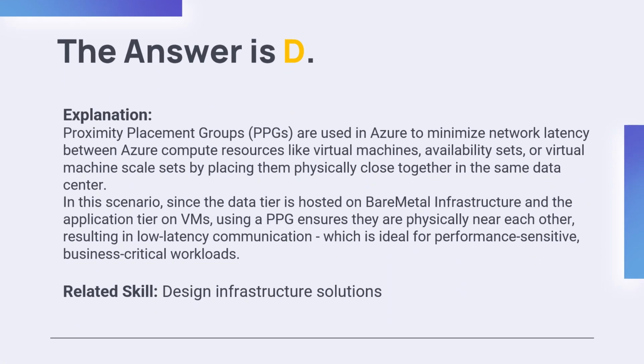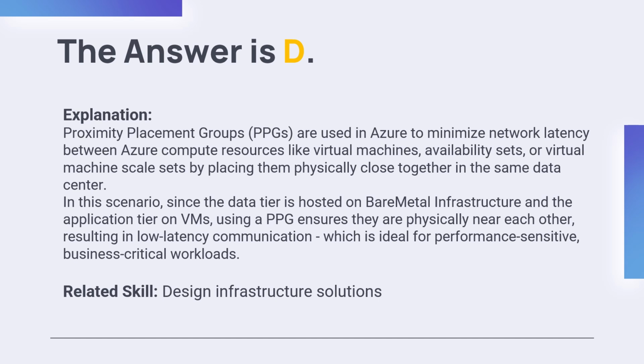The answer is D. Proximity placement groups, PPGs, are used in Azure to minimize network latency between Azure compute resources like virtual machines, availability sets, or virtual machine scale sets by placing them physically close together in the same data center.